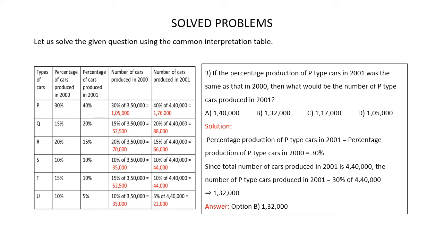We know that the total number of cars produced in 2001 is 4,40,000. So the number of P-type cars produced in the year 2001 would be 30% of 4,40,000, which is 1,32,000. So the correct answer is option B, 1,32,000.